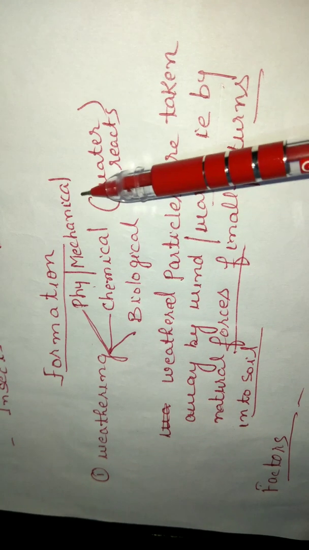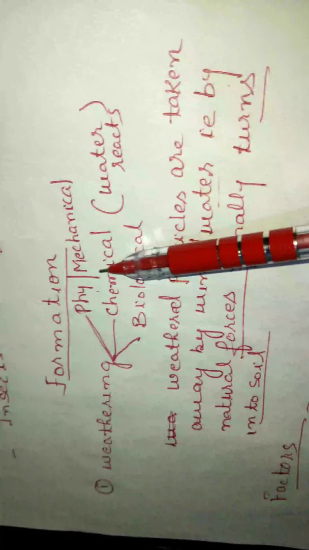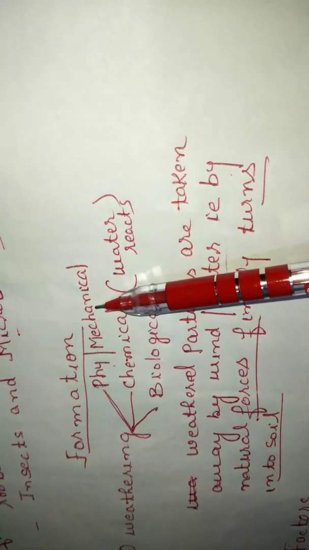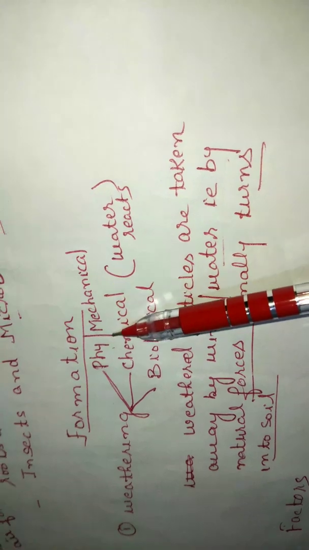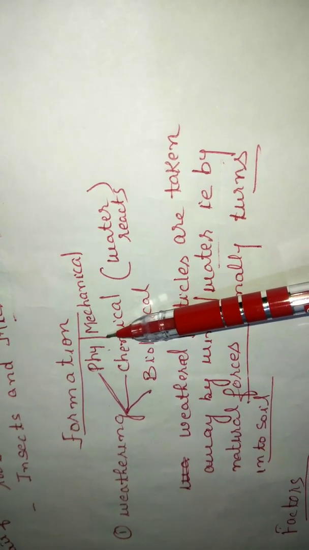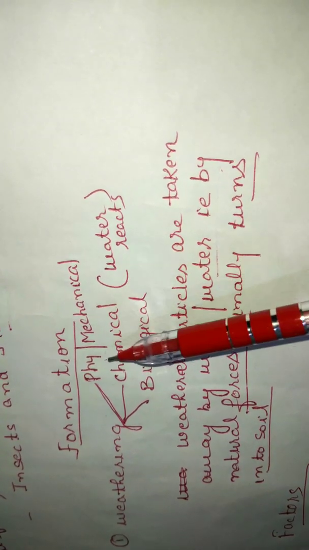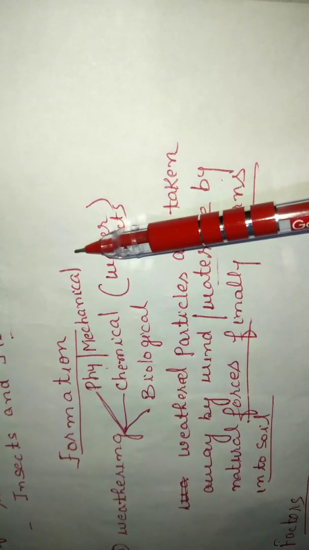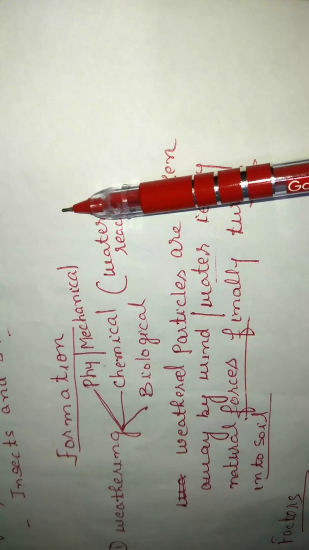In physical or mechanical weathering, during daytime, due to high temperature, the rocks expand. During night, when the temperature falls, the rocks contract. This alternate expansion and contraction of the rocks leads to weathering of rocks.